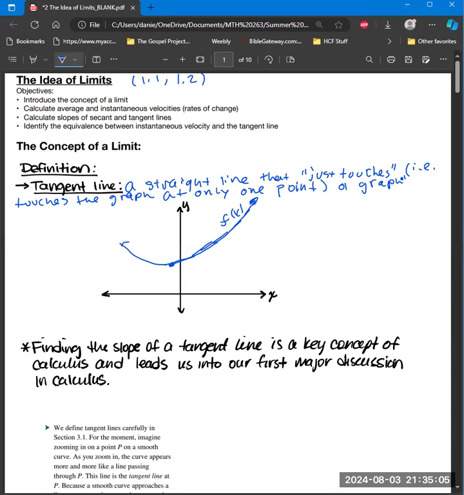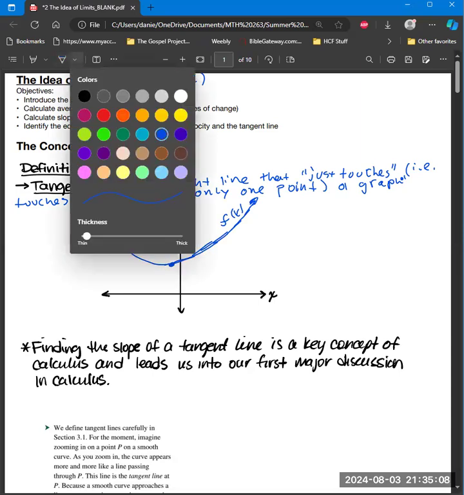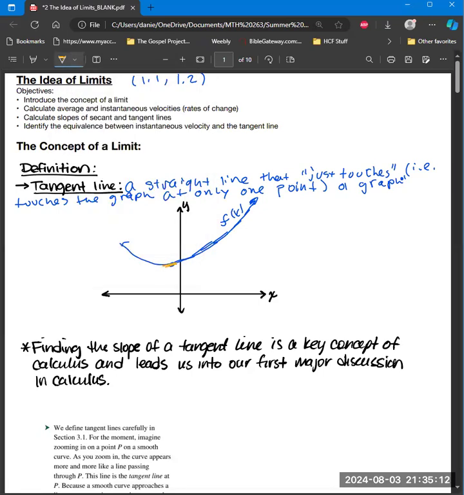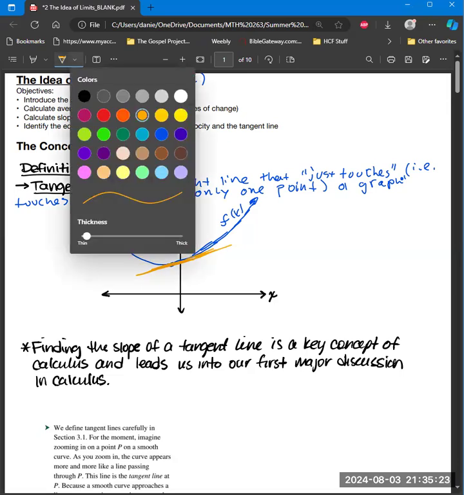I'm going to try and change color here so that you can see the difference, that the slope of the curve and the slope of the line will be the same at that point here.